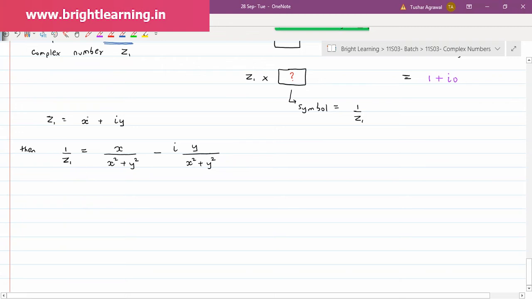If Z is given to you, with the real part X and the imaginary part Y, then the multiplicative inverse, 1 horizontal line Z, I'm not saying it is 1 divided by Z, will have real part X upon X square plus Y square and imaginary part minus Y upon X square plus Y square.